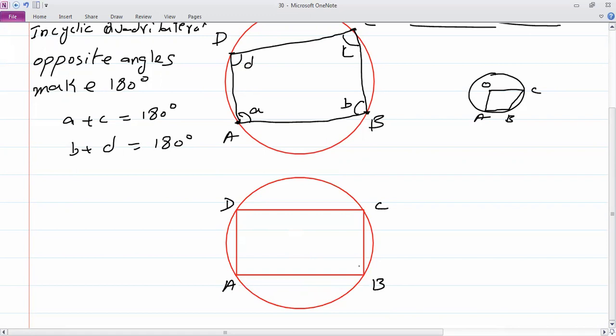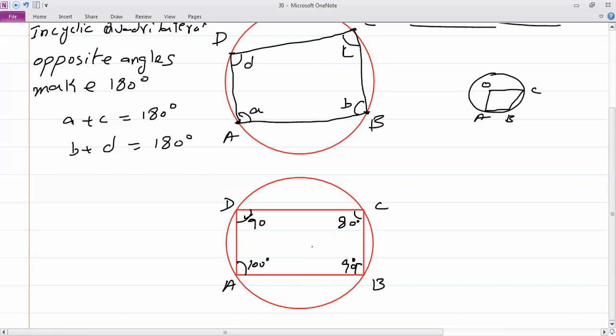Let's say if this angle is 90 degrees, what should this angle be? Because opposite angles should make 180. So to 90, what should I add? It will make 180, so I should add 90. Let's say if this is 100, what should this be? To 100, what should we add to get 180?